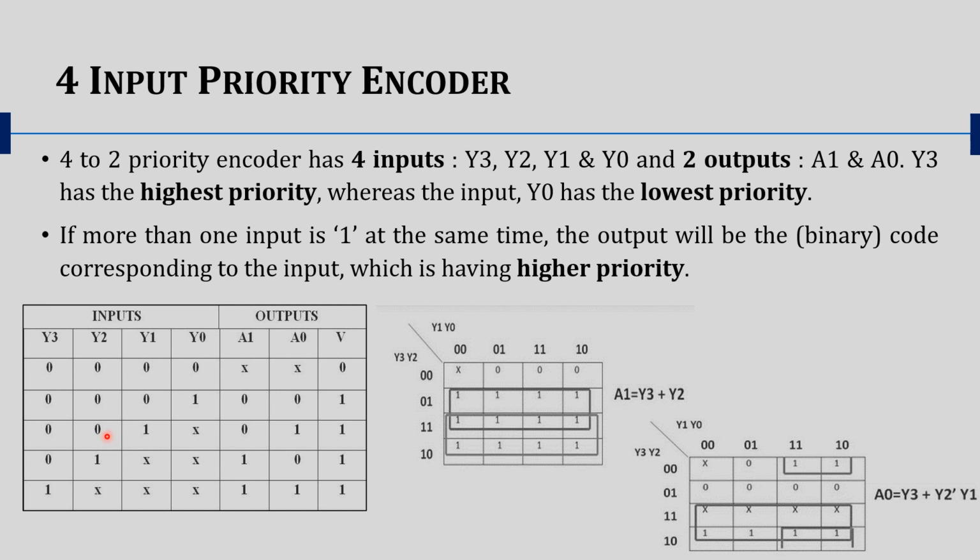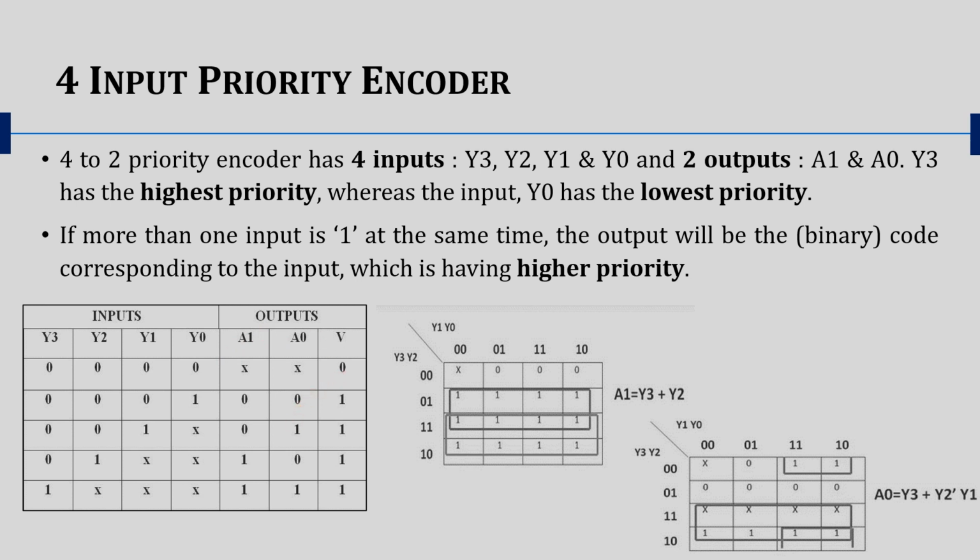So the equation is Y3 plus Y2 complement into Y1. So A0 is equal to Y3 plus Y2 complement into Y1. We can make use of the K-map for finding the simplified version. So now A1 is equal to Y3 plus Y2, A0 is equal to Y3 plus Y2 complement into Y1, and V is equal to Y0 plus Y1 plus Y2 plus Y3. So now we know the Boolean expressions for all three outputs.